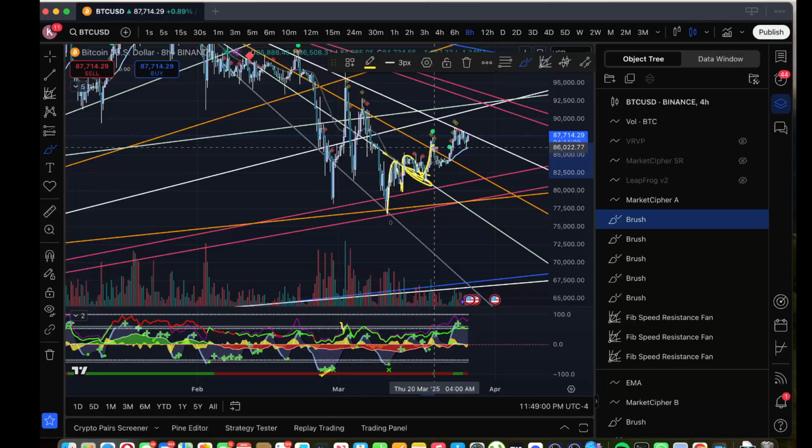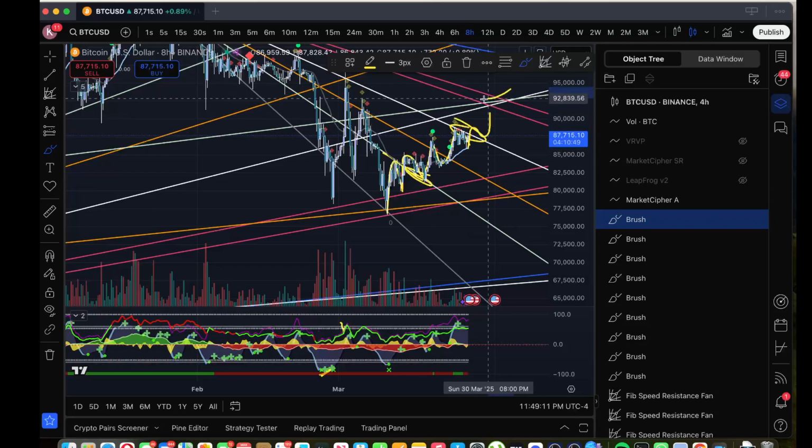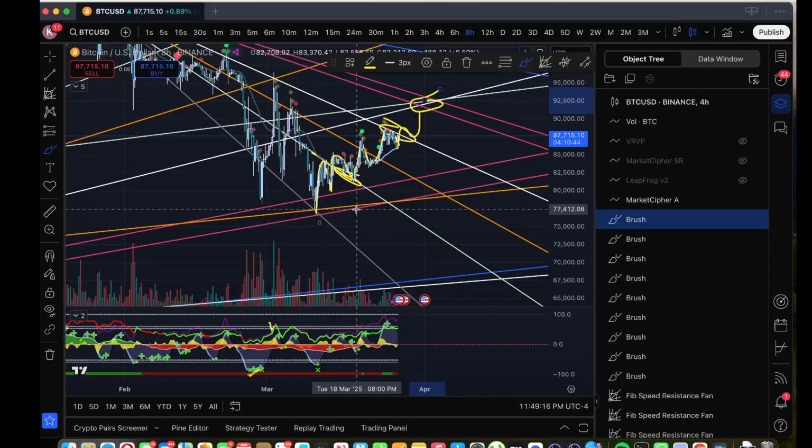We couldn't hold above it. We came under. Now we're getting rejected again off of this fan. So we really have to break above that before we can give this area right here that shot and hopefully break through it. And that's the rundown on everything with the resistance fans.